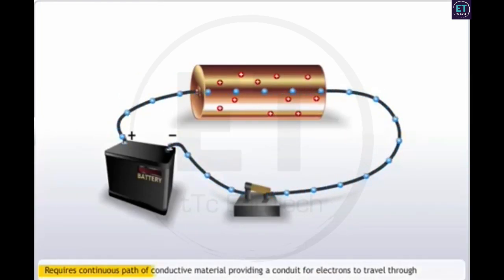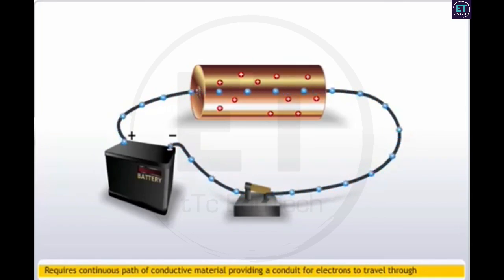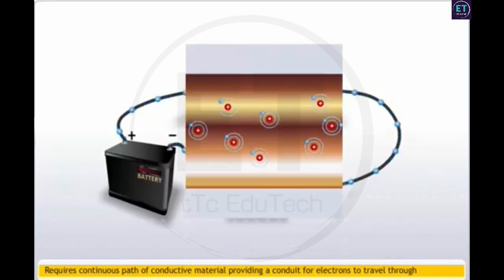Electric current requires a continuous path of conductive material to provide a conduit for electrons to travel through. Electrons move in the empty spaces within and between the atoms of a conductor. As each electron moves uniformly through a conductor, it pushes the one ahead of it.